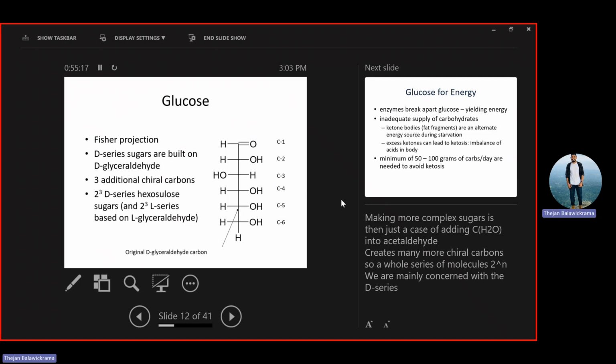In the previous one, we had the cyclic structure of glucose. Now this is a straight chain structure. Remember, the formula of glucose is C6H12O6. We number the carbon chain starting from the aldehyde end. This comes under the category of aldose.